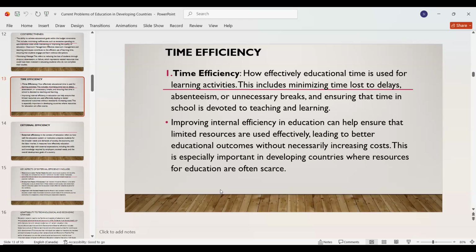If you see, the popular schools, good ranking schools have that internal efficiency.